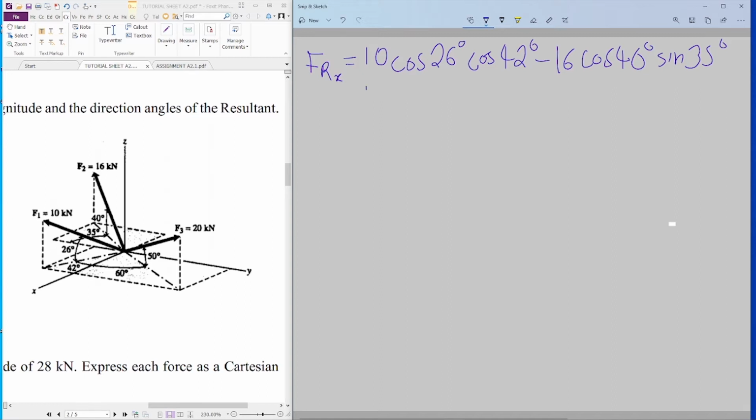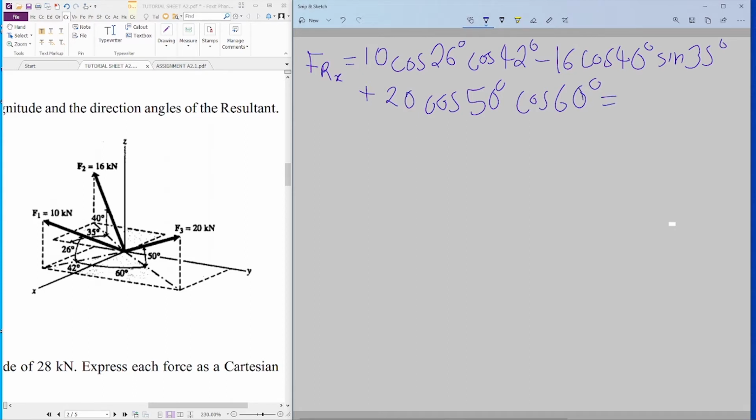So it will be plus 20 cos 50 degrees and then cos 60 degrees.